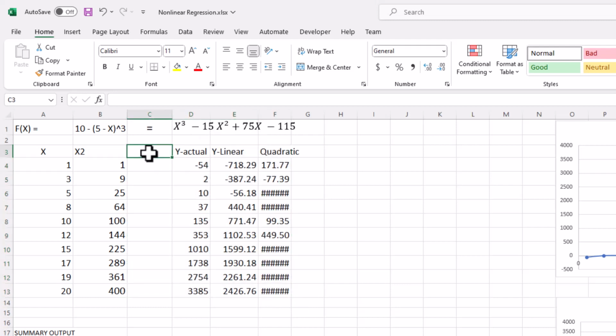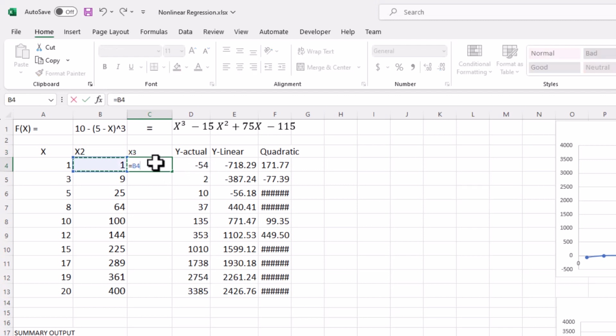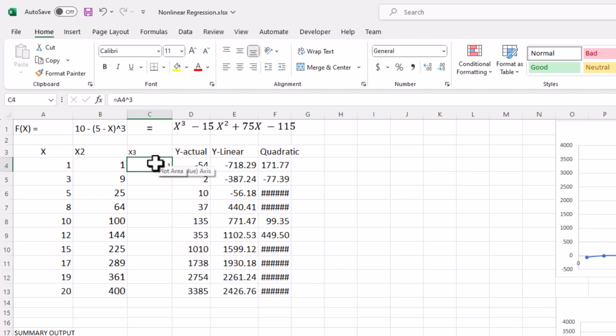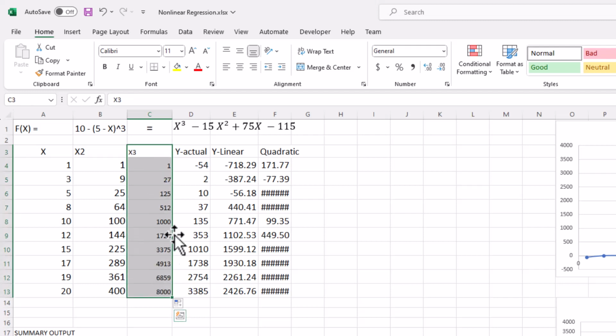And here I'll have x to the power of 3. I'll just call it x3, and this is going to be equal to x to the power of 3. And as usual, I'll go ahead and copy the formula and enlarge the x values.